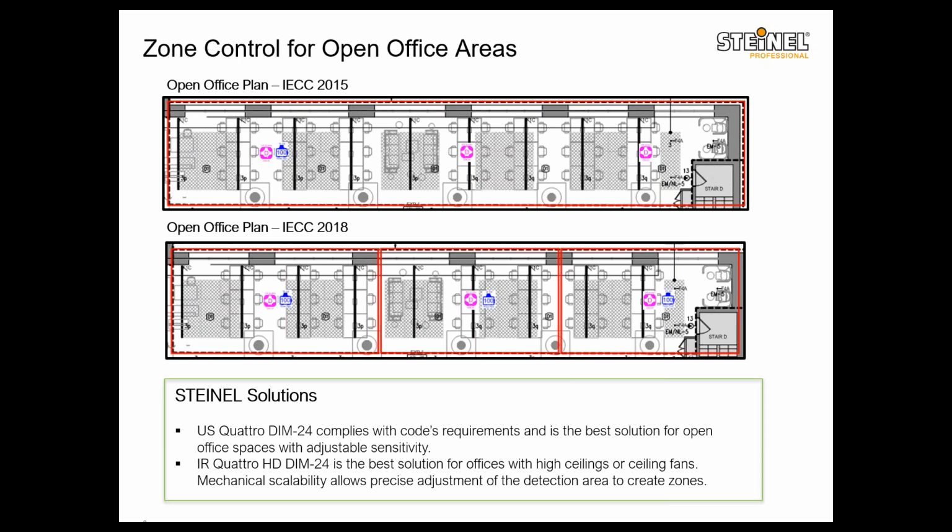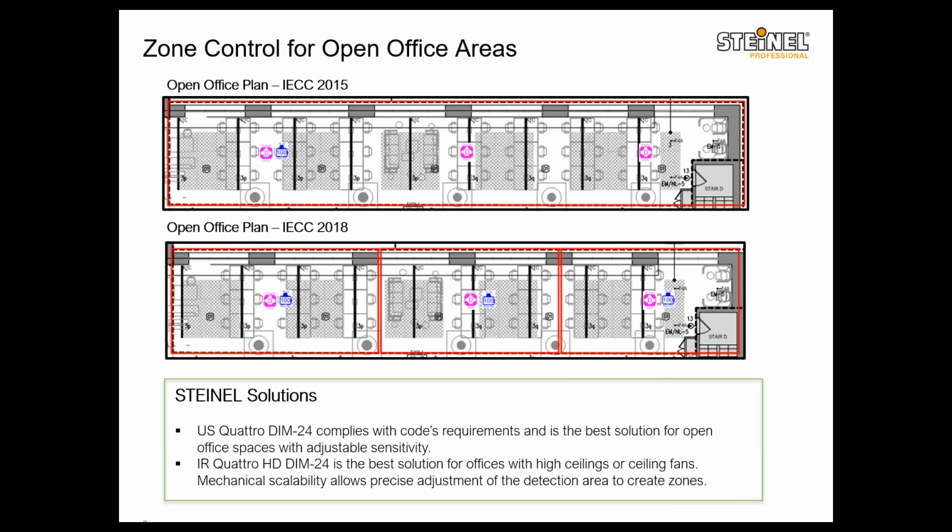So as you can see, I have used 3 US Quattro DIM-24 sensors and a single power pack to control all of the lights together. And for the sake of simplicity, I have not added any daylighting zone or daylight responsive controls to this, but I will explain it once we get to the IECC 2018 part.